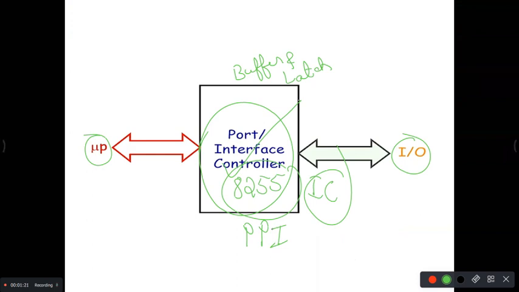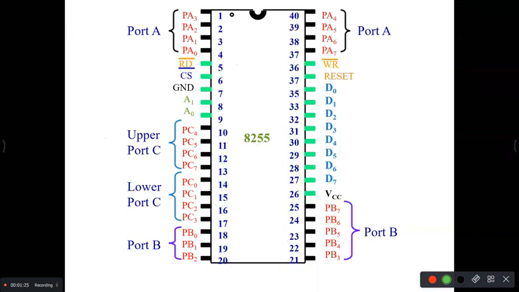Now let us see what it has. In this slide you are seeing its pin diagram. This is an integrated circuit and you are seeing the pin diagram of the 8255 IC. What is there in this? First, have a look. It has got 3 ports.